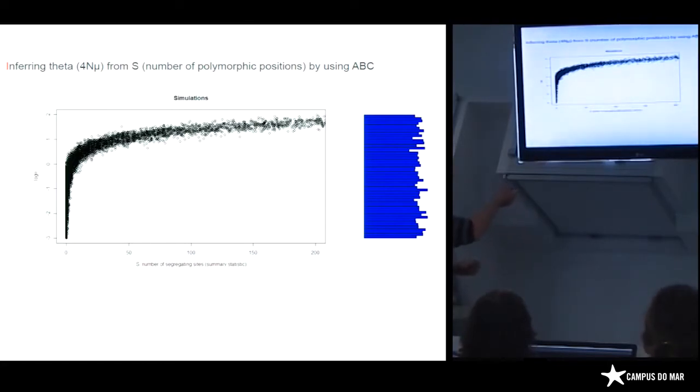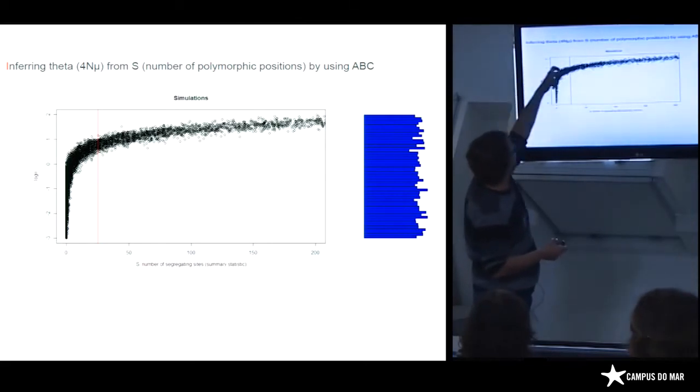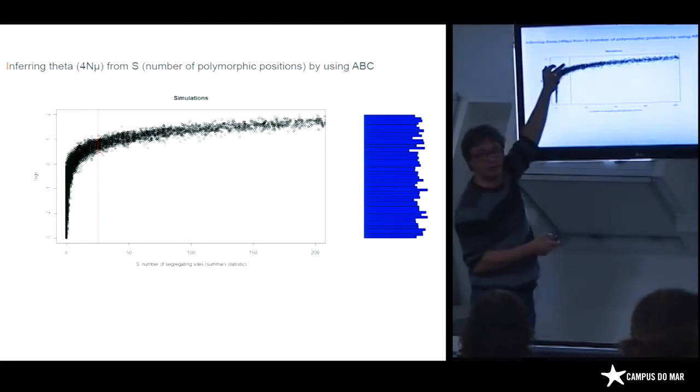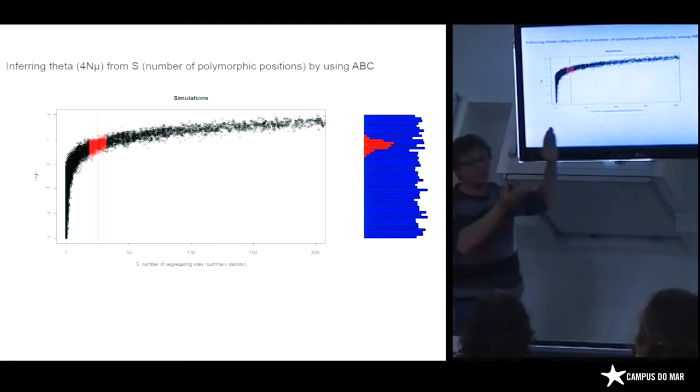Then you have your observed summary statistic. In this case, it's 25 segregating sites in the data. So you see that theta should be somewhere around here. You have a threshold. This is an arbitrary point of ABC, but trust the statisticians, this arbitrary threshold is not very important.